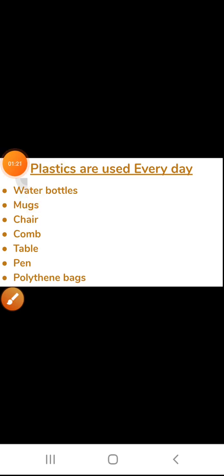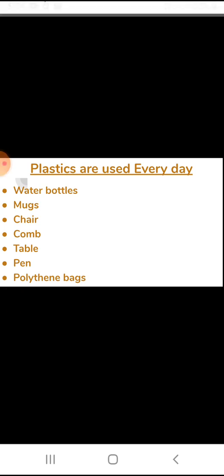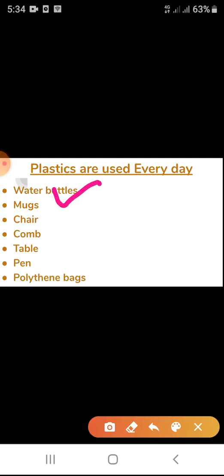The plastic we use in our day-to-day life comes in the form of water bottles, like the ones we fill for our refrigerator, or the ones we use for drinking water, so that we can carry water from one place to another. Then mugs for tea and coffee, mugs in the kitchen as well as in the bathroom for bathing.